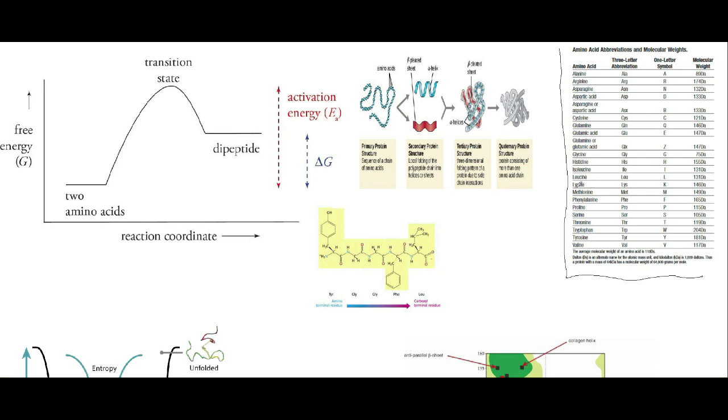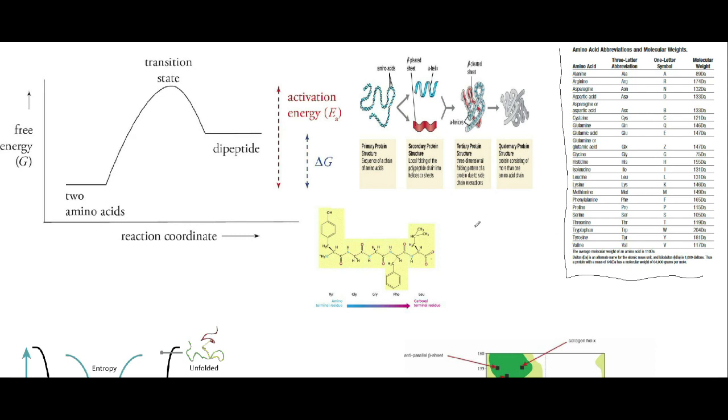This is the list of all the amino acids with their 3-letter and 1-letter abbreviations. Then over here is the molecular weight, which with proteins is usually given in Daltons, or more often, because they're so large, in kilodaltons or even megadaltons.